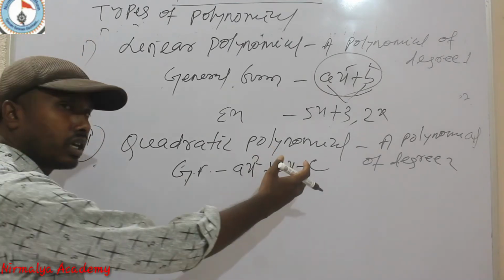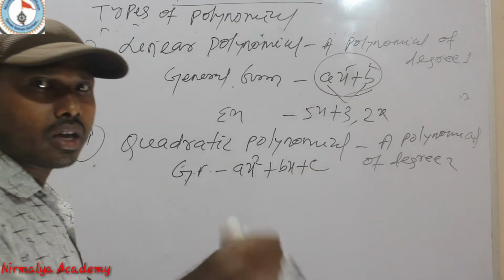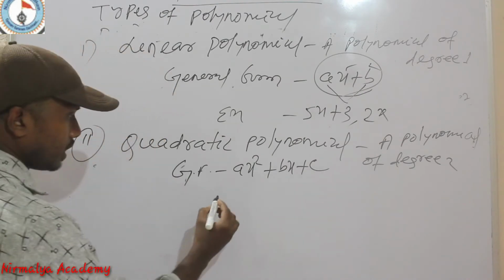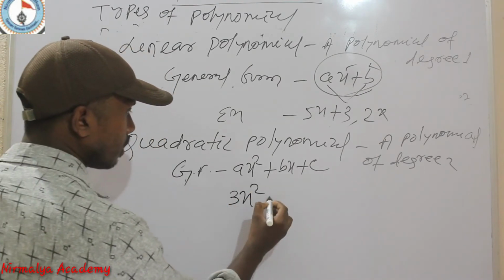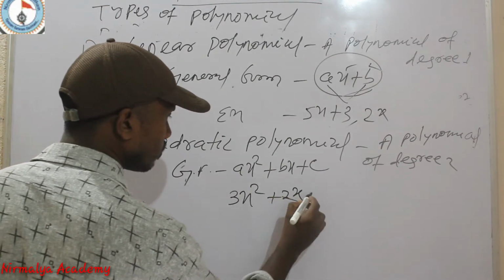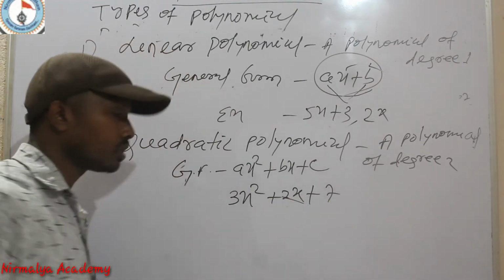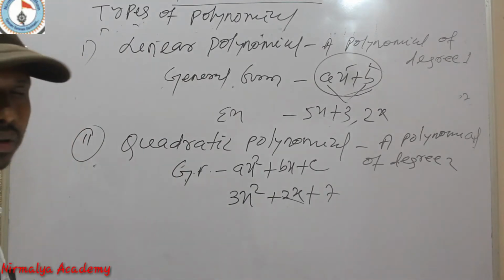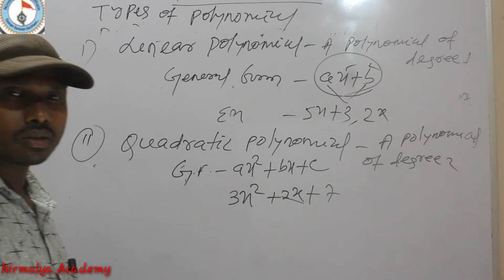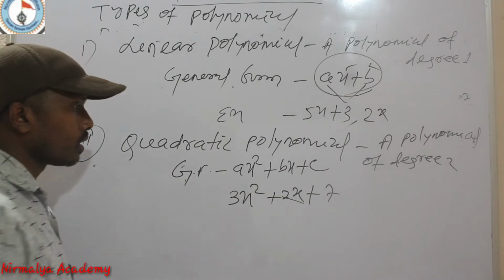On replacing a, b, c by real numbers, we can write it as 3x square plus 2x plus 7. So this is also an example of quadratic polynomial. Here the highest power of variable is 2.